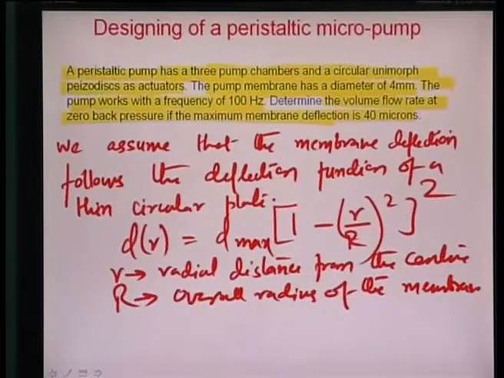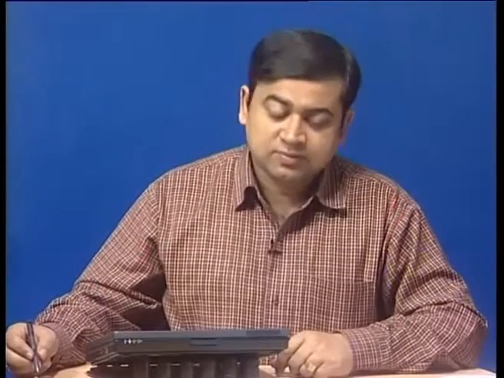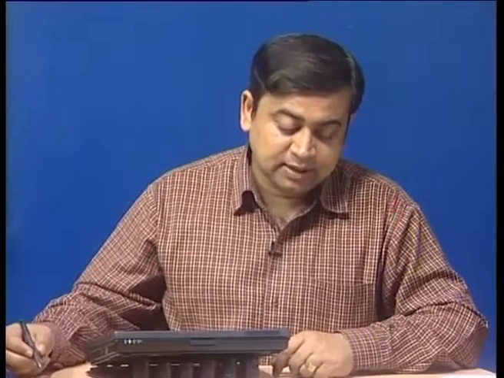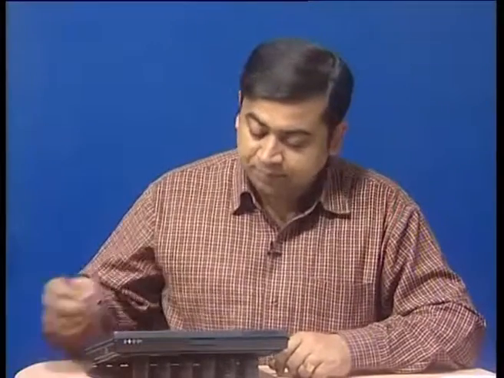Using this deflection function, we need to find out what really is the volume displacement at a certain radius r from the center of such a circular unimorph membrane, which is moving and causing the peristalsis effect within the micropump.